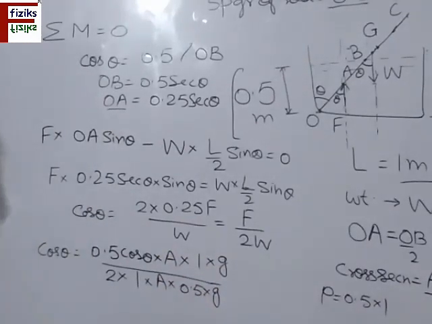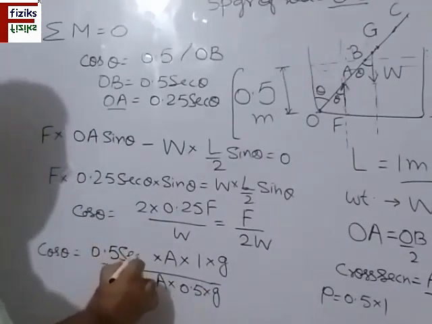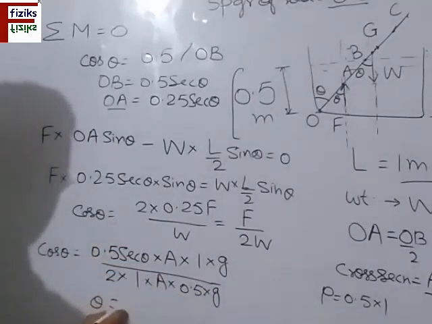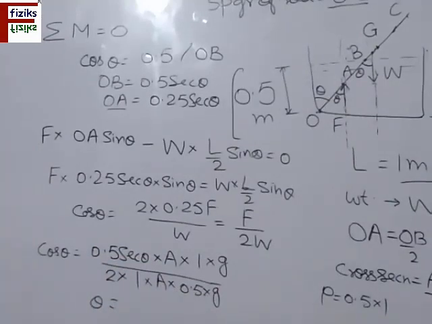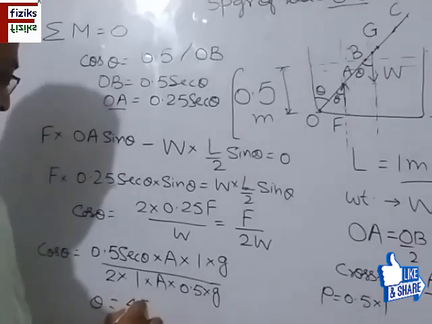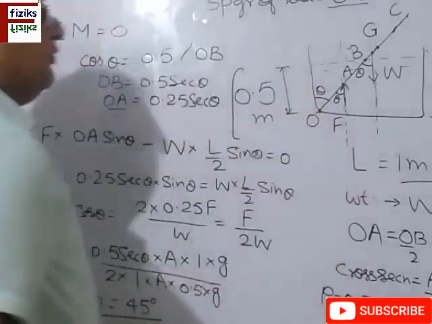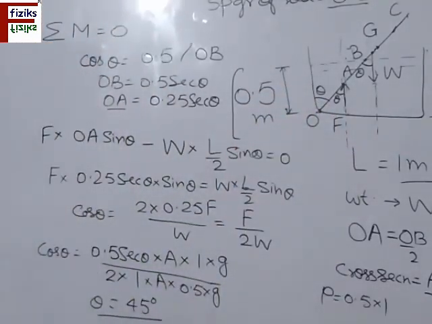Sorry, this is sec theta, not cos theta. If you solve this, you will get the value of cos theta equal to 1 by under root 2. Cos theta is 1 by root 2. So theta is 45. So in equilibrium, this angle will be 45 degree. This is the answer. Note it down, please.